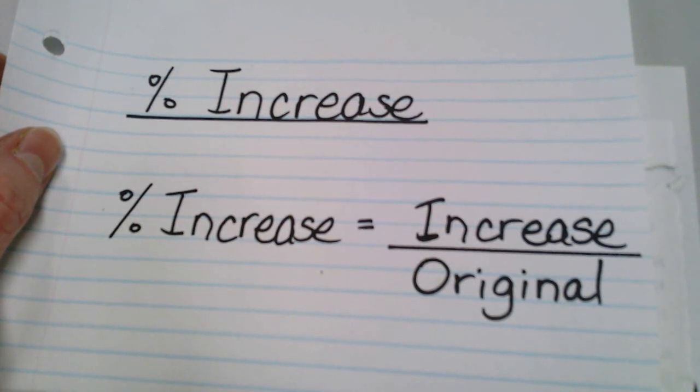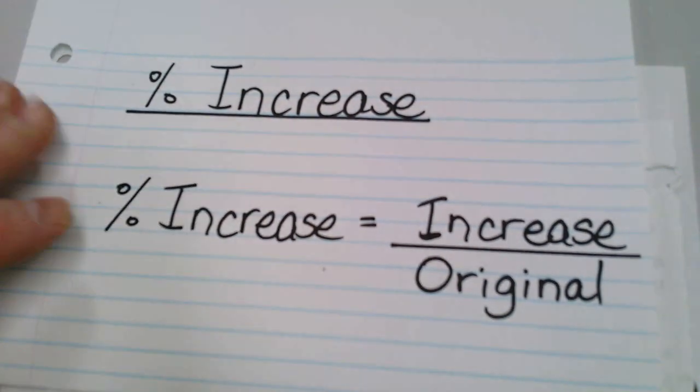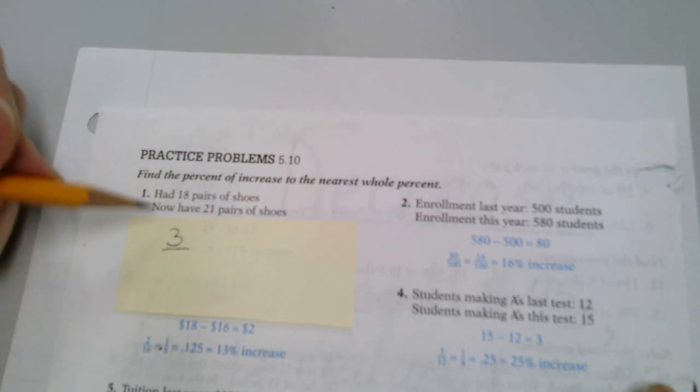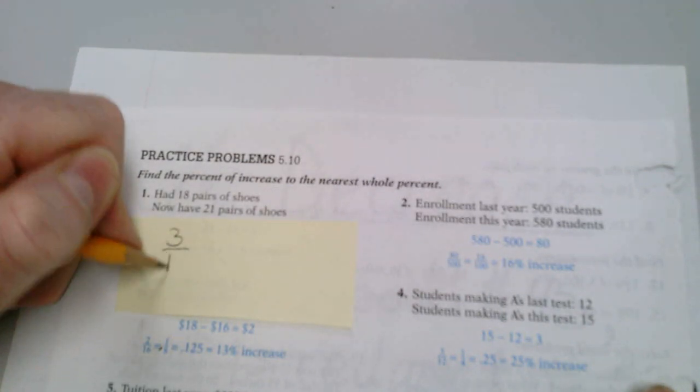You'd write that down. Percent increase equals increase over original. And then you say, well, what is the increase in this question? Had 18, now it's up to 21, so the increase on top is a 3. The original on the bottom is an 18.